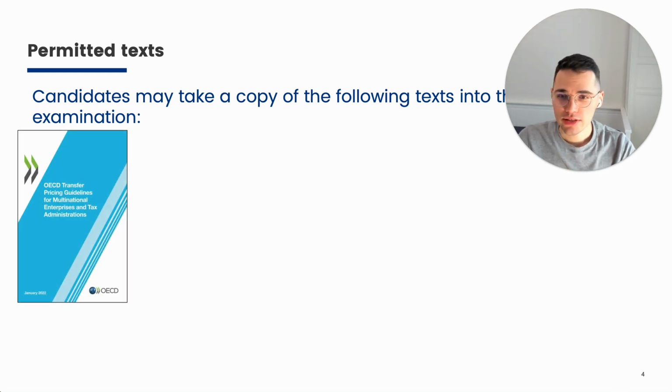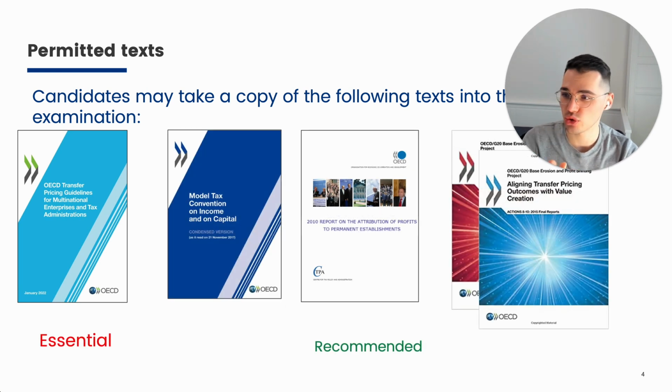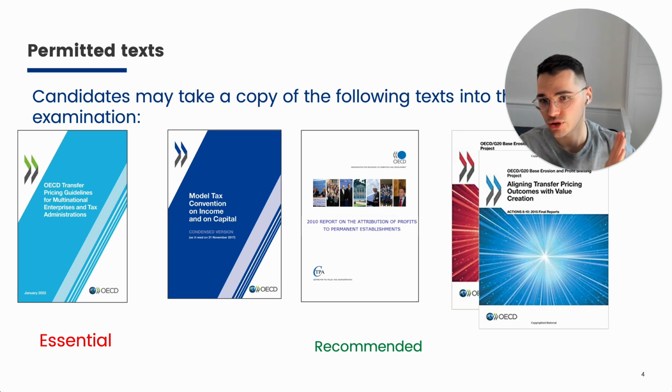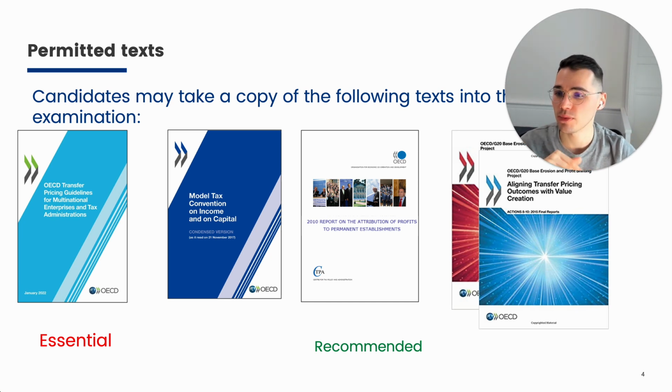I will give you examples of those texts that are really useful, and their usefulness. The first one I mentioned was the OECD transfer pricing guidelines, especially for the transfer pricing exam. You must have it in some way, either as a separate book or as a part of bigger material, which I'll discuss in the next few minutes. So that's essential, you must have it in one way or another.